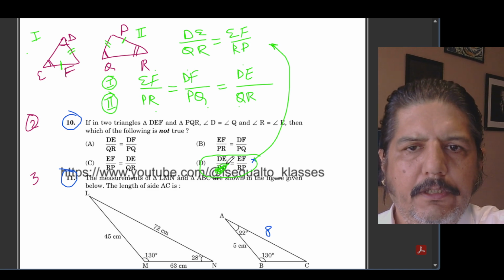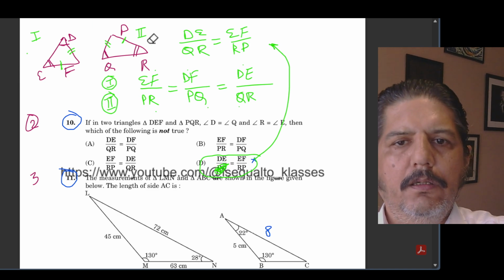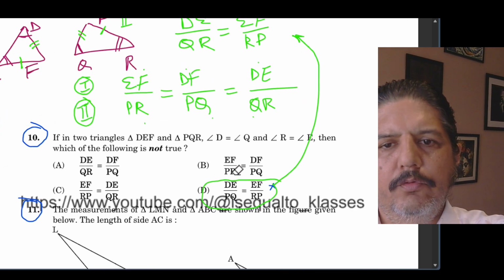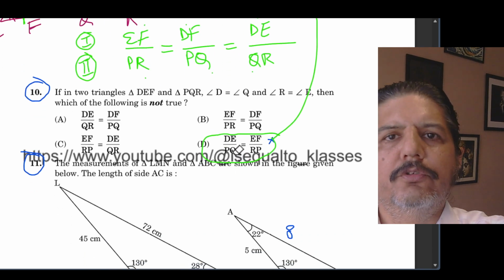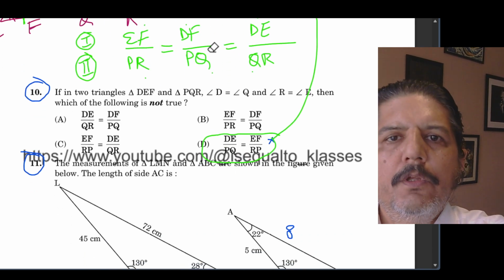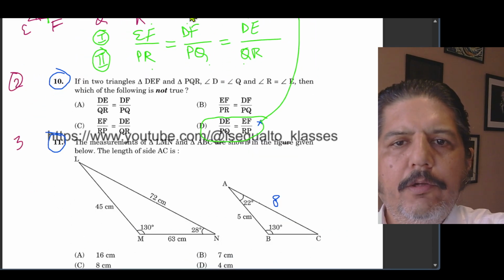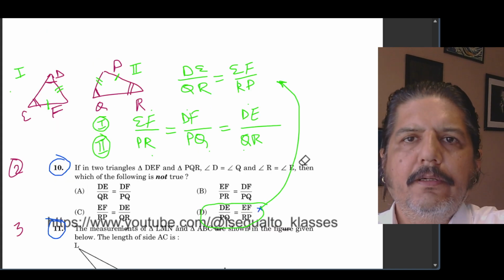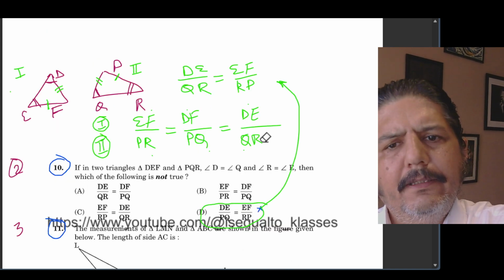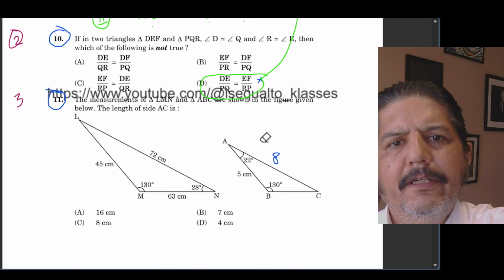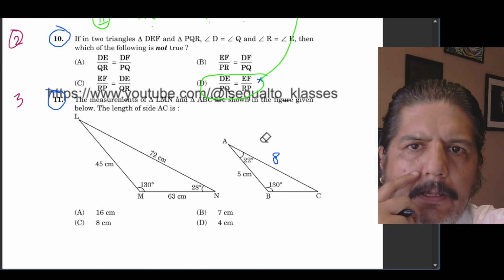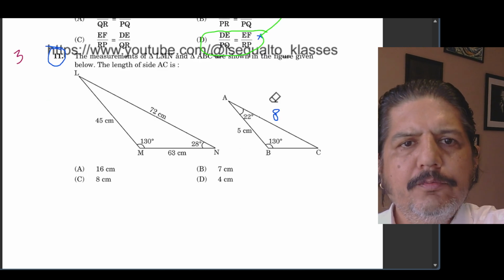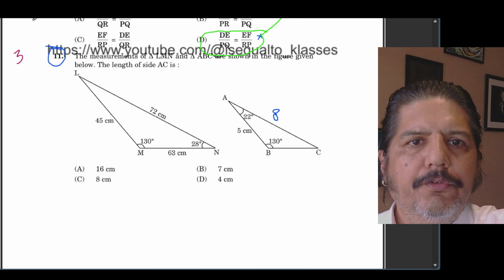So this one is incorrect. I hope you can see here, I'll zoom in, this was written as PQ, so that is why it is incorrect. My request to all my students is that you should have the corresponding sides very clearly marked, and you won't face any difficulty. Similarity is one of the easiest chapters. Okay, let's move to the next question.